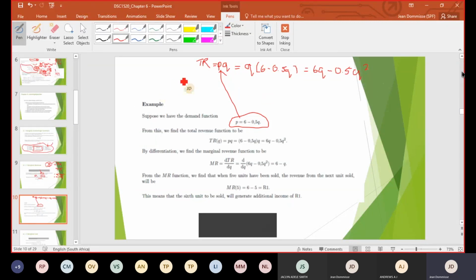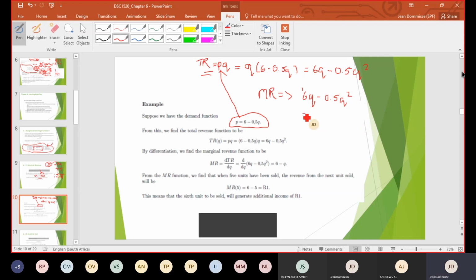Okay, so I've got our total revenue. So from our total revenue, to get to our marginal revenue, we basically need to differentiate that equation. So we need to differentiate 6Q minus 0.5 Q to the power of 2.